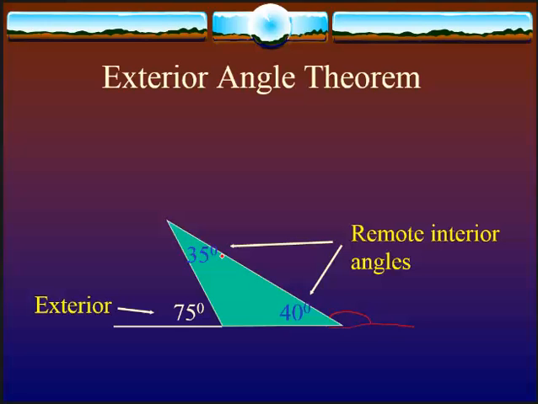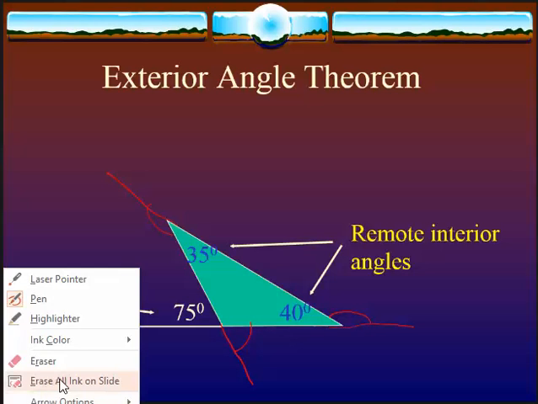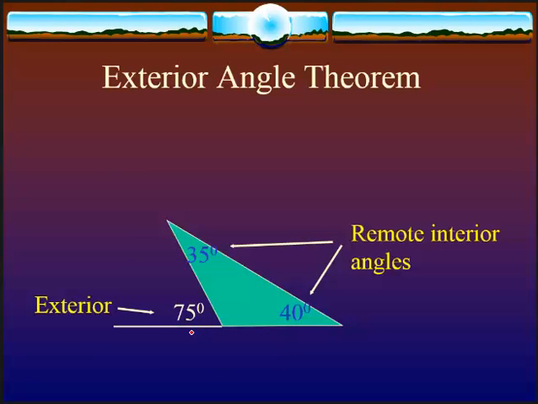I could extend this one this way, and this would be an exterior angle, and I could extend this side downward, and that would be an exterior angle. So anytime you extend a side of a triangle so that it goes beyond the triangle, you create what's called an exterior or outside angle.